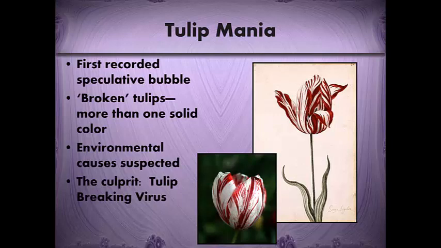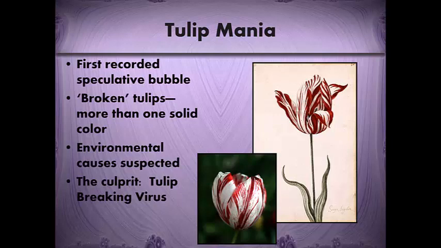Now, this virus, although it does produce a favorable appearance in the plant, it does negatively affect the health of the plant. So what would happen is the tulips would get this virus, they would produce these broken tulips, and then every year, tulips die back to the ground and then they come back again in spring. Well, each year they would come back weaker and weaker until eventually they either wouldn't produce flowers anymore because they didn't have enough energy for it, or they would die.